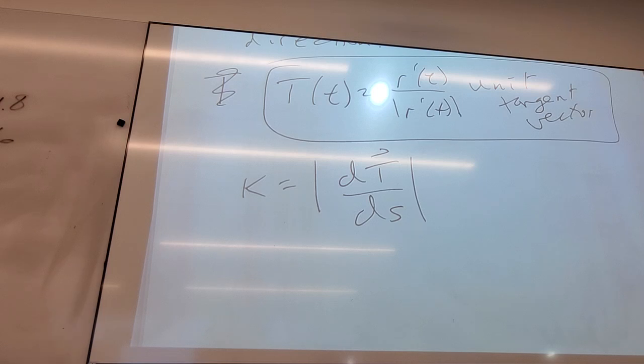In Calc 1, what was the second derivative? Cup down, cup up. Concavity, which is a kind of a measure of curvature. So concavity in Calc 1 is a simplified version of this.